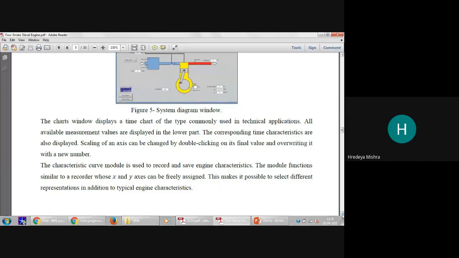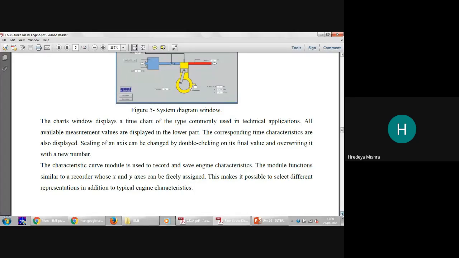All available measurement values are displayed in the lower part. The corresponding time characteristics are also displayed. Scaling of an axis can be changed by double clicking on the final value and overwriting it with a new number.